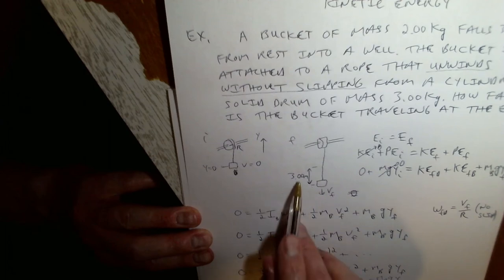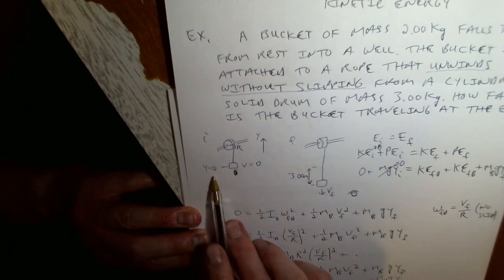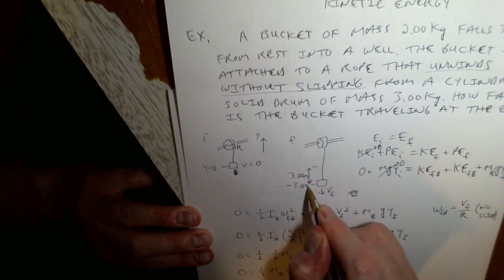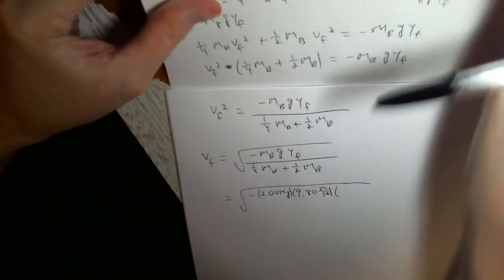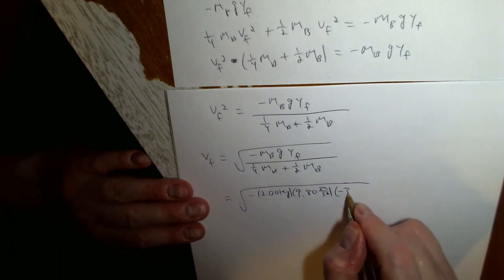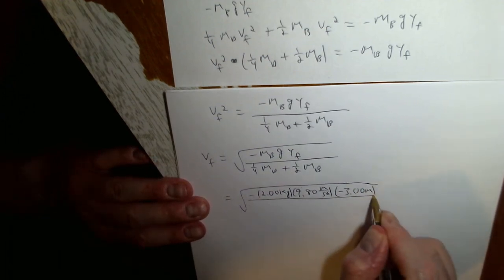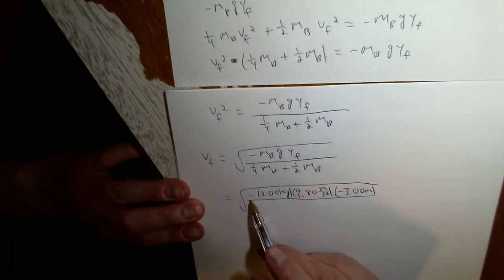So at the end, y is 3 meters less than 0. So this is minus 3 meters. Which it had better be, because you've got a minus sign here and you don't want to get an imaginary velocity.